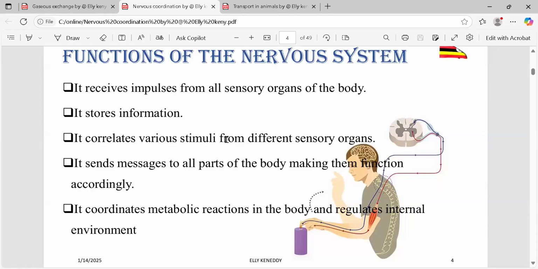Otherwise, if you didn't store any information of how bad the snake is, then you could simply stay there. So the nervous system helps store that information so that the next time the thing happens, you can easily act accordingly. It correlates various stimuli from different sensory organs.